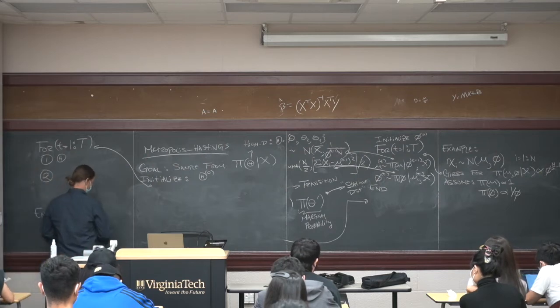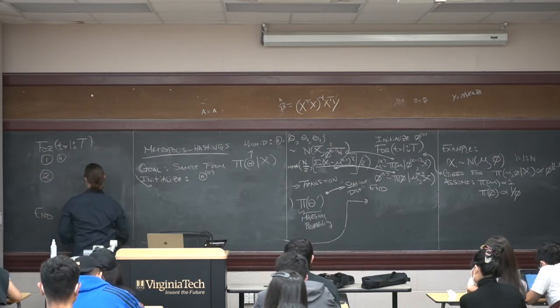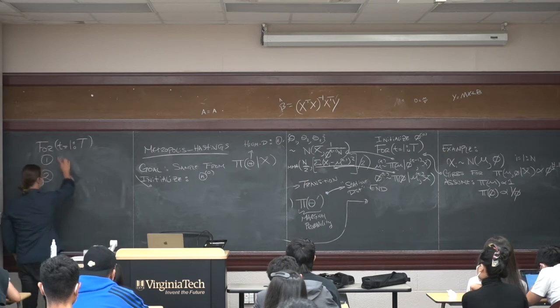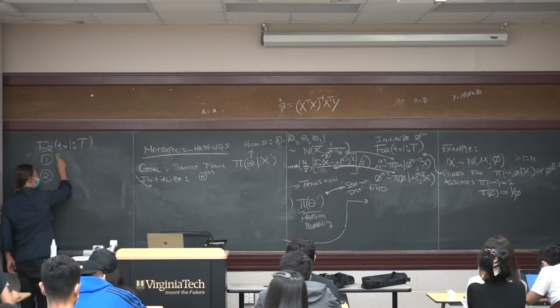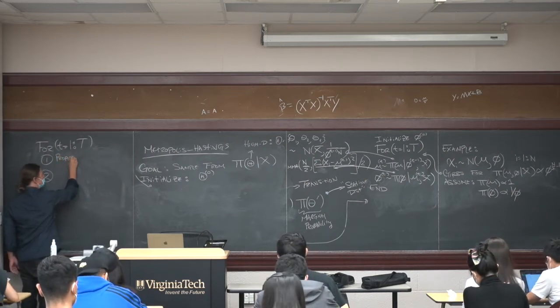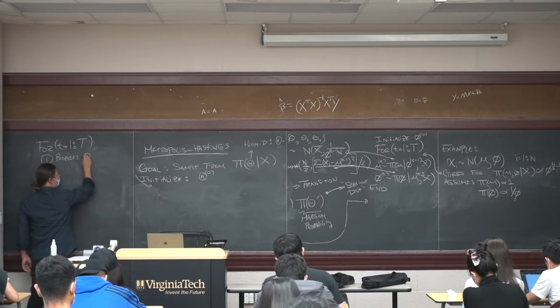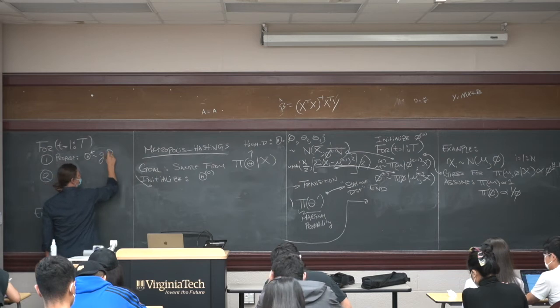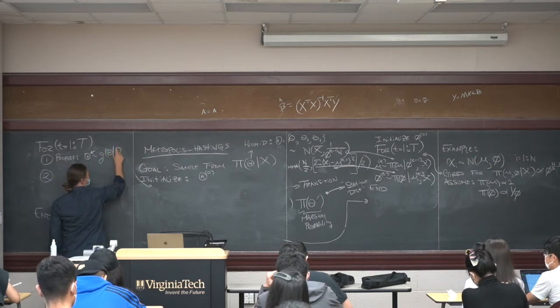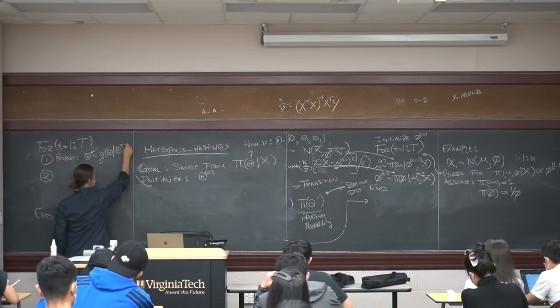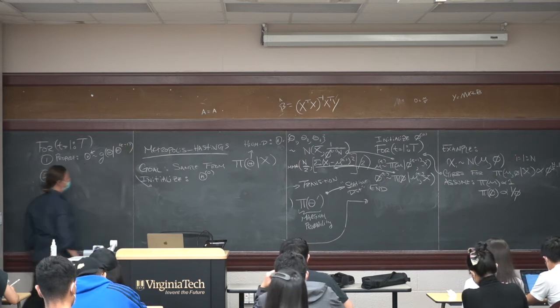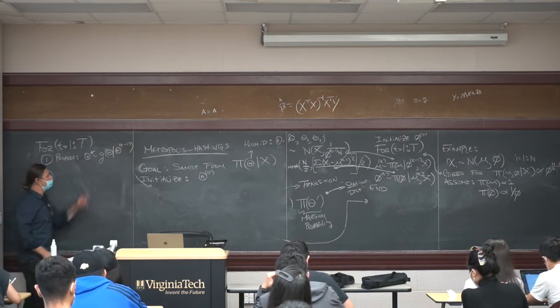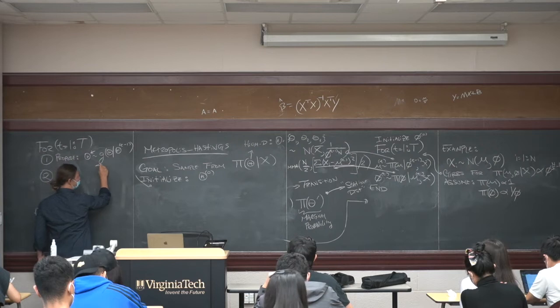The first thing we're going to do is propose. I'll talk about this step in more detail, but this is the whole question, is how do you pick this function G? So this is going to be some proposal distribution.